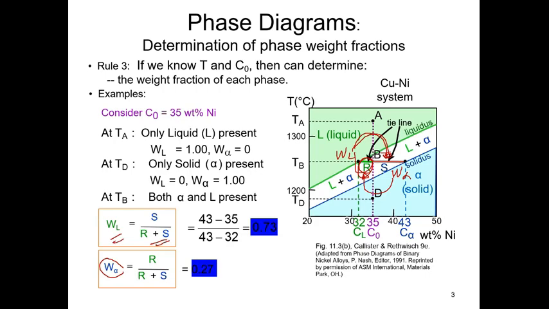So WL will be S over R plus S. W alpha will be R over R plus S.